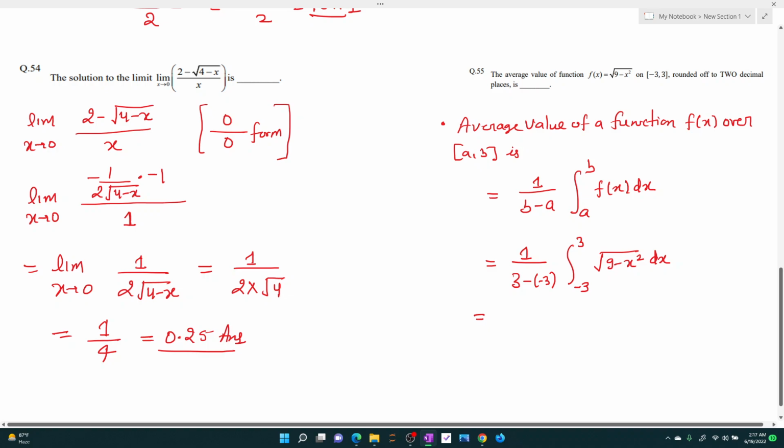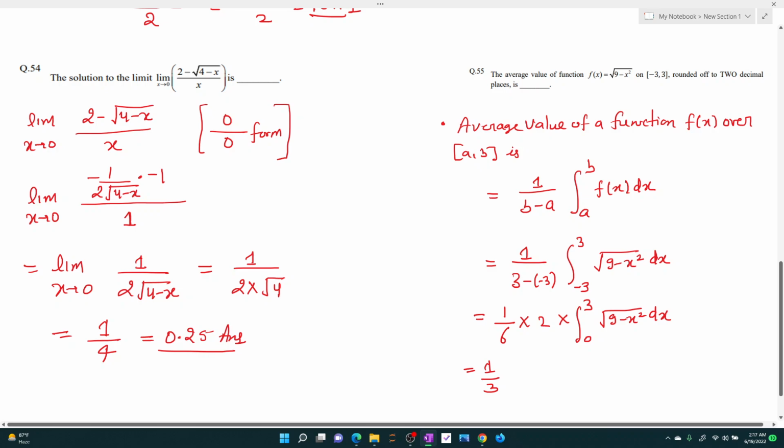When I say even function, if we replace x by negative x, the function will remain as it is. So I can say that this will become 1 upon 6 times 2 times the integral from 0 to 3 of square root of 9 minus x square dx. So further it can be written as 1 upon 3 into the integration from 0 to 3 of square root of 9 minus x square.